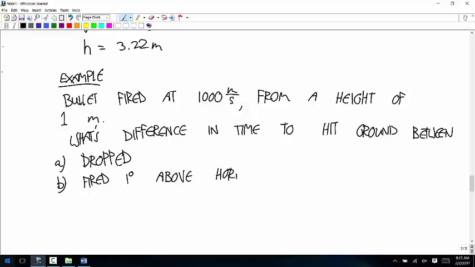So 1 degree isn't very much. It's hard to even see that with your eye, but this is going to give a considerable difference in the amount of time it takes to hit the ground. Like a surprising amount of difference. Okay, any questions about that? Questions? Okay, do it.